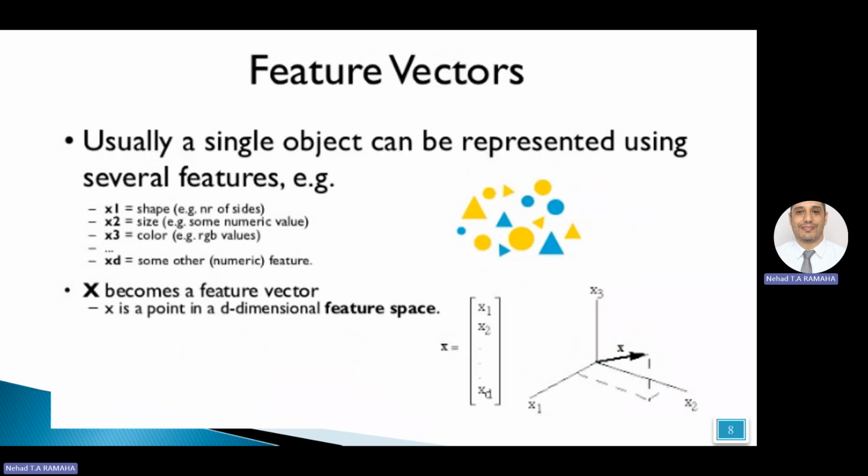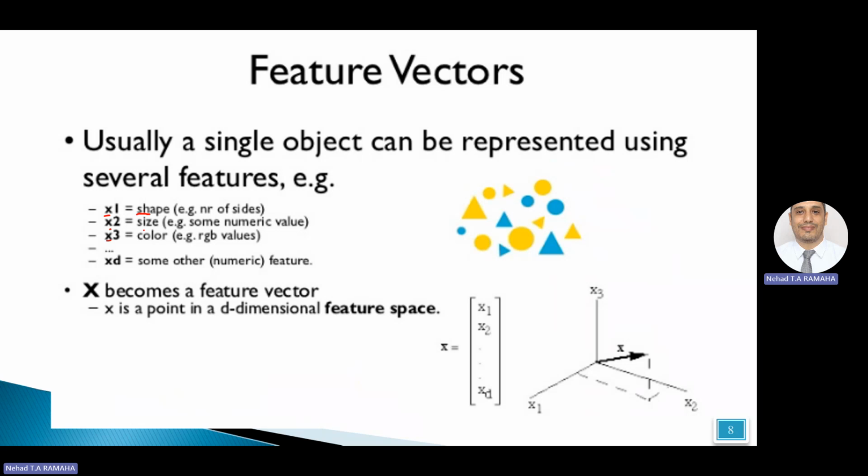At the end, as I told you, all this data about the features will be represented in the computer as a feature vector. For example, here we have three features: X1 or F1, the name doesn't matter, X1, X2, X3.